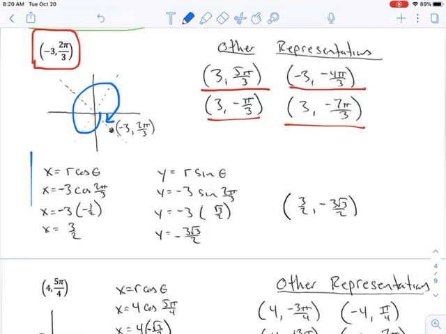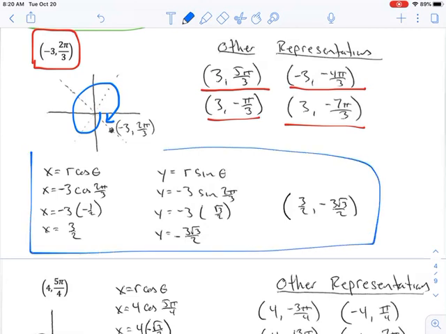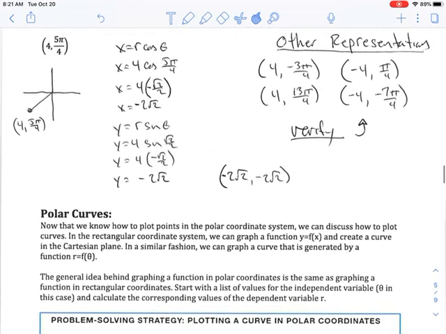And then down here, I converted into rectangular coordinates to show you the point 3/2, negative 3 radical 3 over 2. And you can verify that all of these different angles give us that same rectangular point.